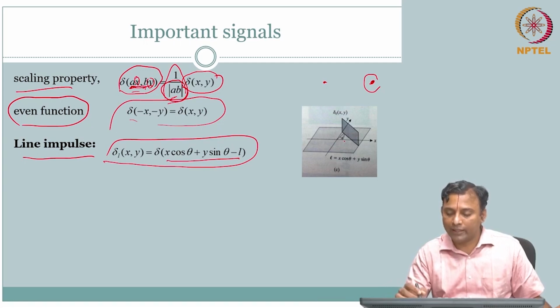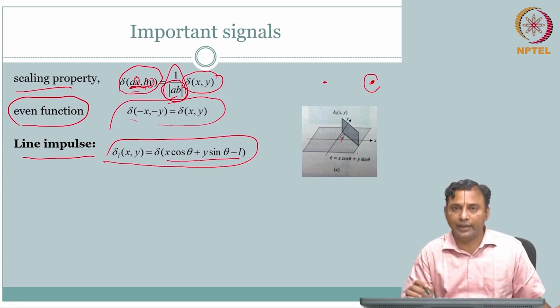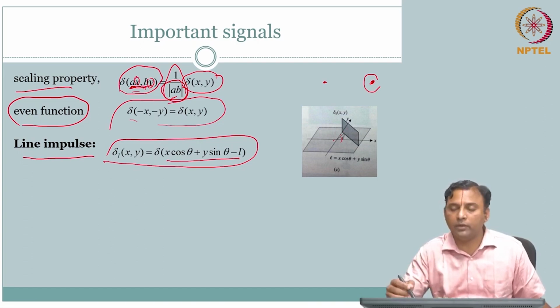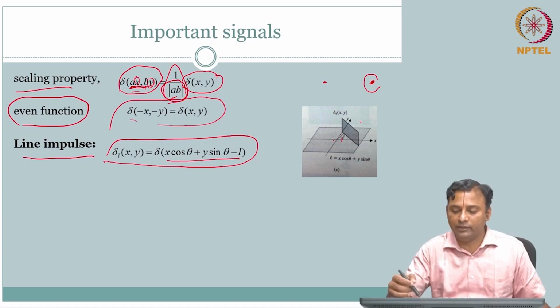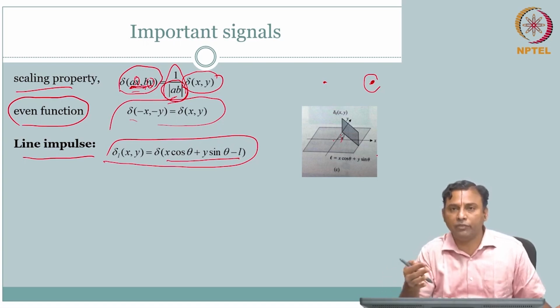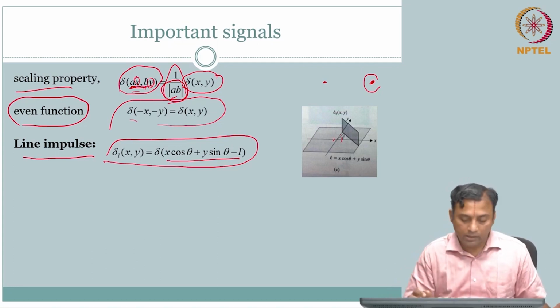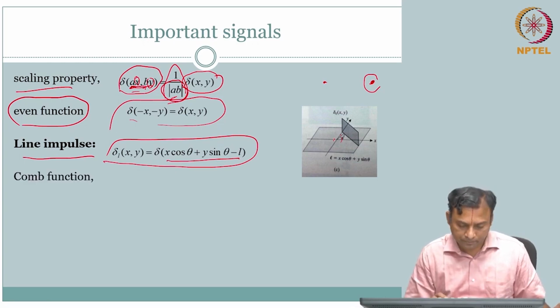It has some angle: the norm to this line from the origin makes an angle theta, and the length along the direction of the norm is L. So now you can write a line in this x comma y space with different orientations and at different locations from the origin. So this is your line impulse.